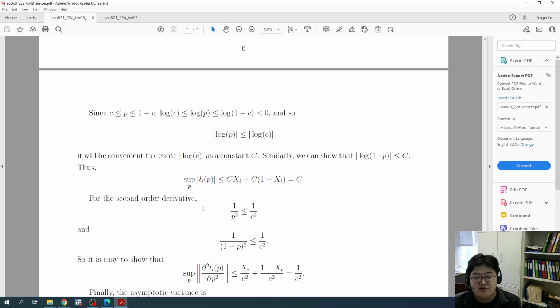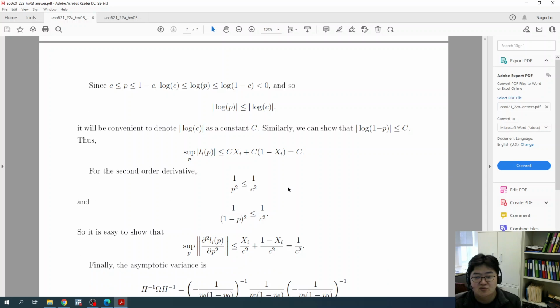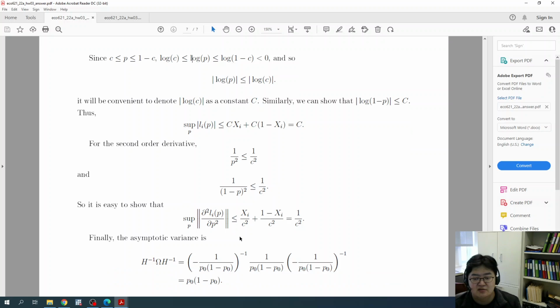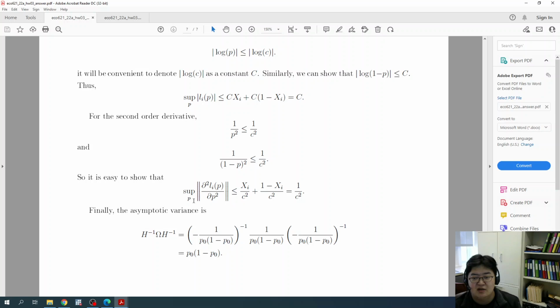And the second order derivative is also bounded, easily bounded. And then this is the final asymptotic variance.